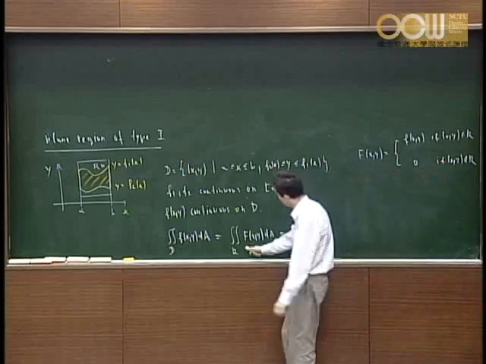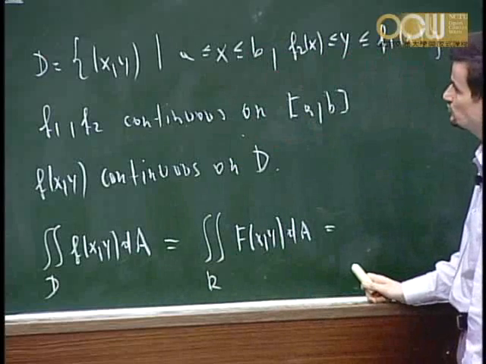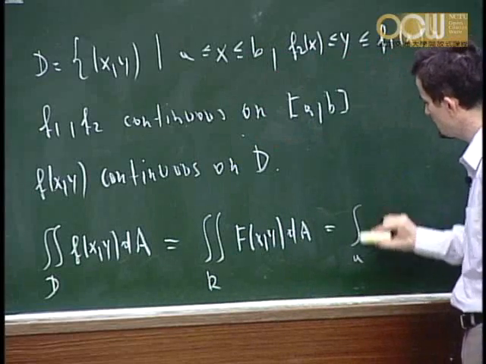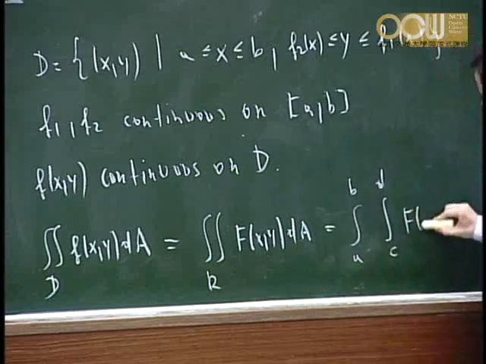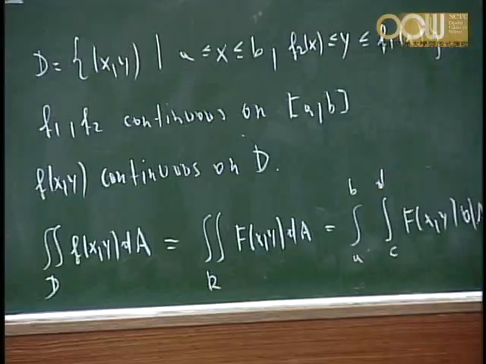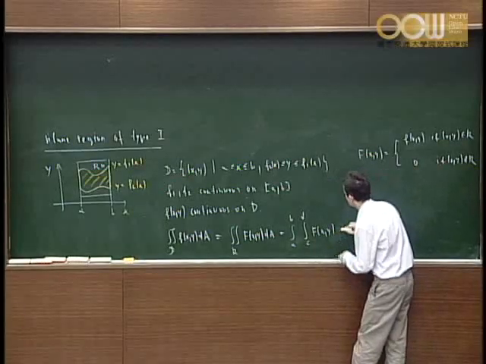If we use Fubini, then what we have to do is integrate from a to b, and then integrate from c to d, and then we have this function here. Sorry, I have to write here dy dx.